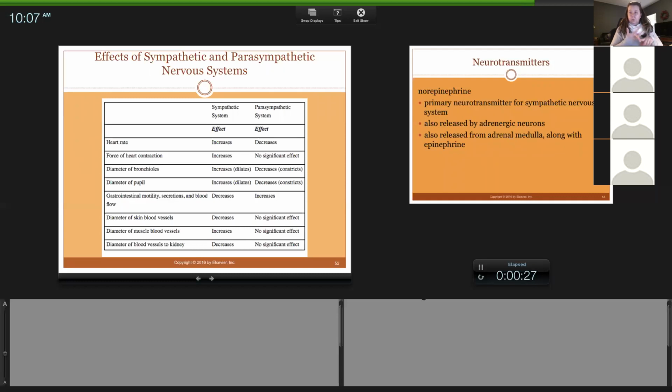Those are the tubes in your lungs, basically the airways in your lungs. And then what happens to the pupil, and basically GI motility. So the first 5 things on that chart, you'll need to know what happens in sympathetic stimulation and parasympathetic.